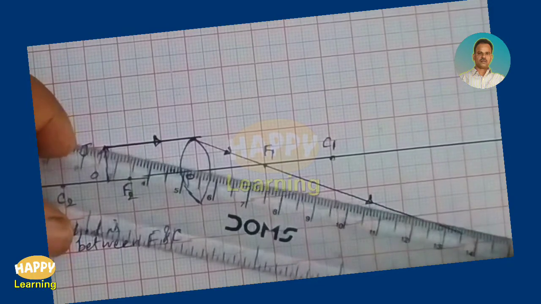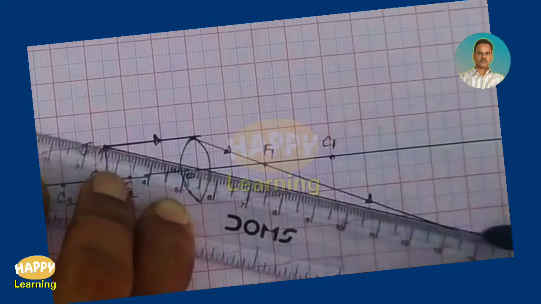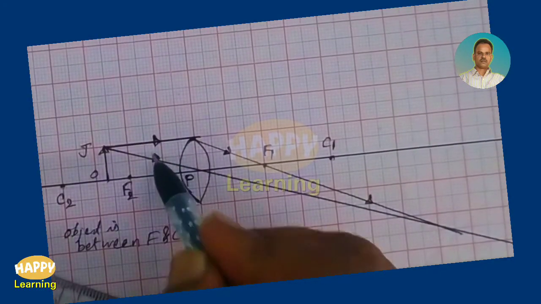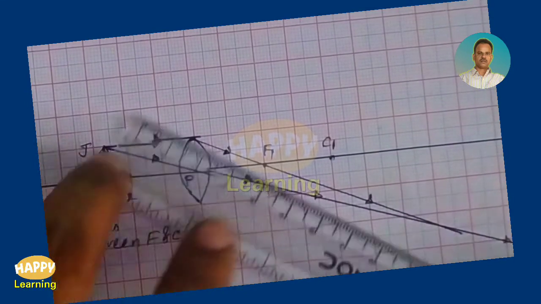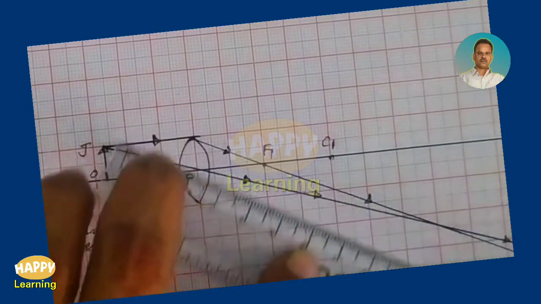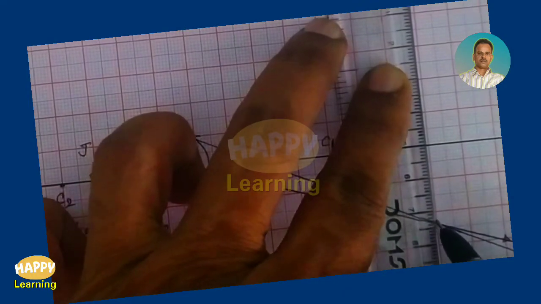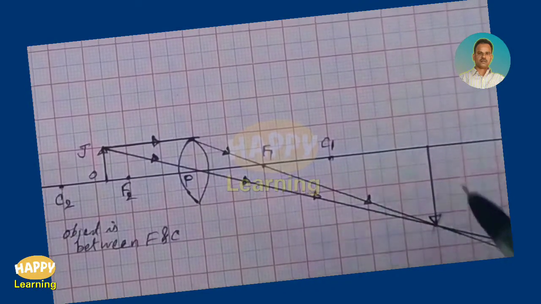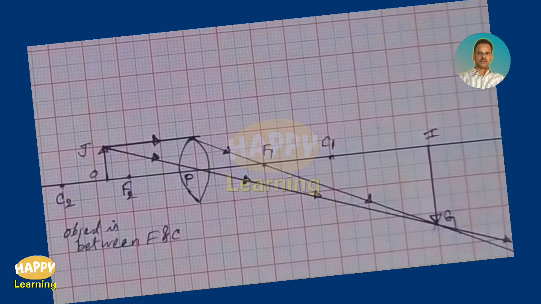Then another ray is selected such that it passes through the optic center. The ray that passes through optic center is undeviated. These rays intersect somewhere here, so here we got the image. This is image IG.